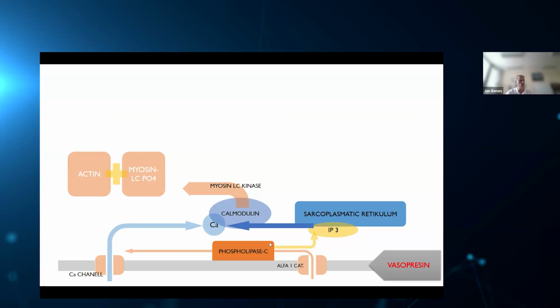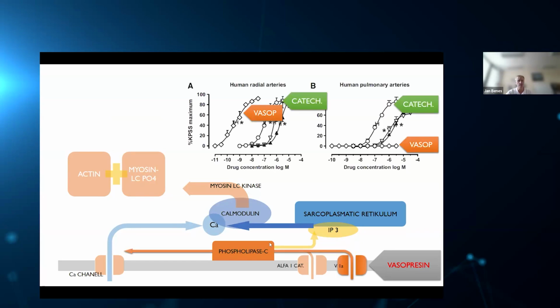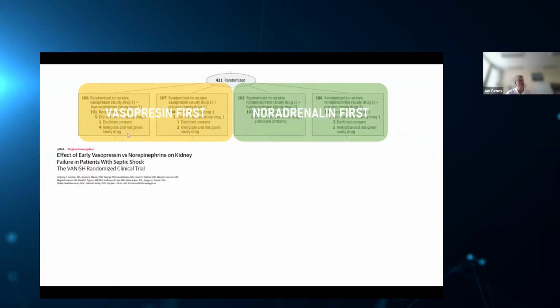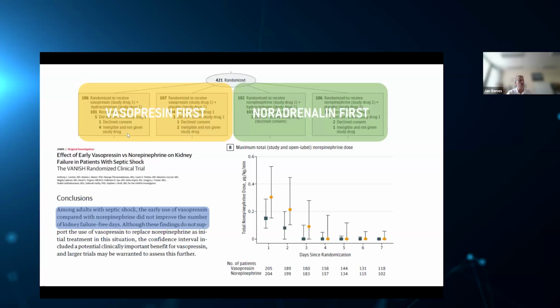And what about the other drugs? What about vasopressin? We discussed that on the side of the pulmonary vasculature, vasopressin may be better, so it may improve the pulmonary circulation. We have only limited data on vasopressin. We have the VANISH trial comparing noradrenaline and vasopressin as the first drug, and there was no difference among these drugs.